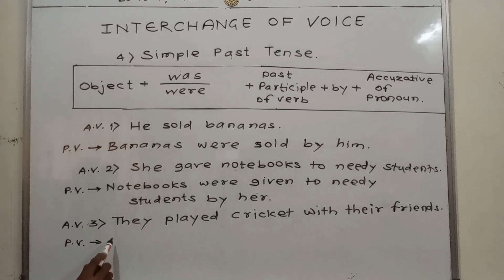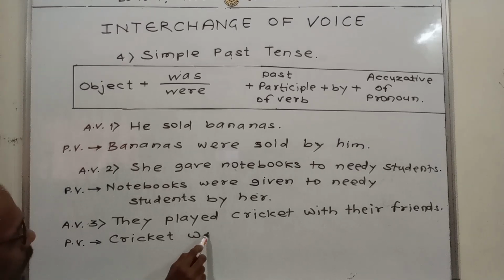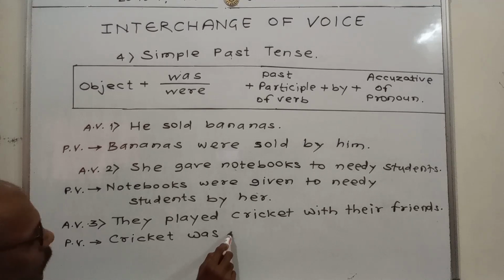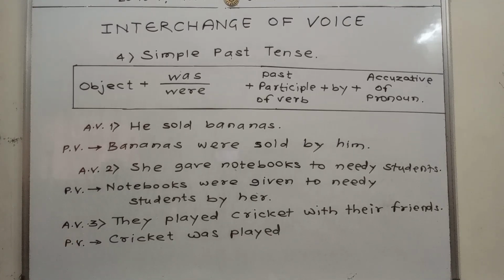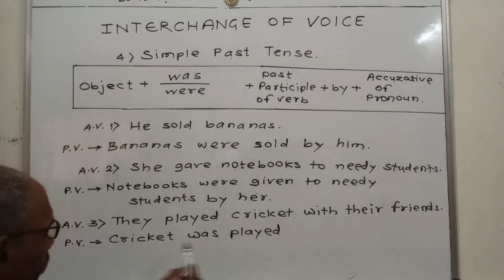They played cricket. So cricket. Now cricket singular. Cricket was. Then past participle of verb. Played remains played.